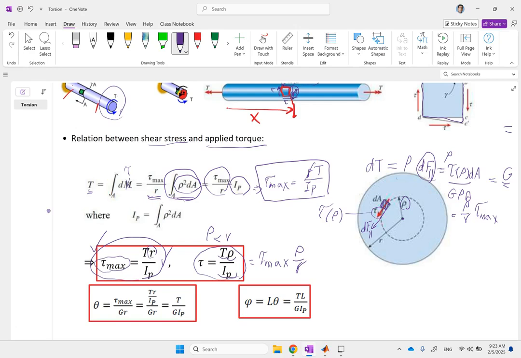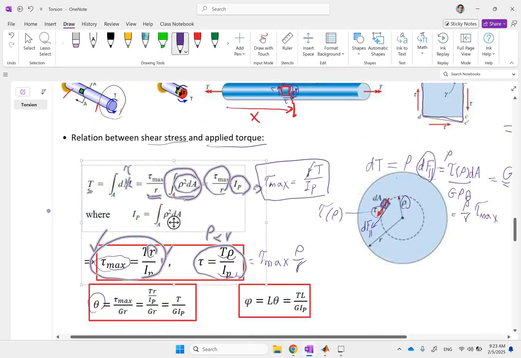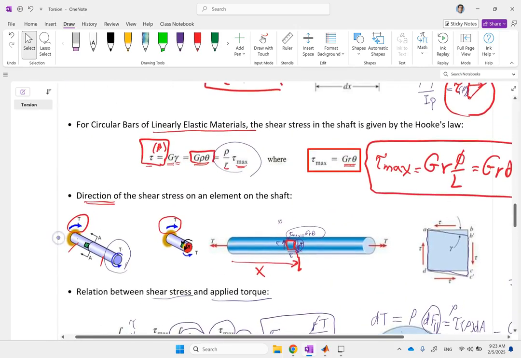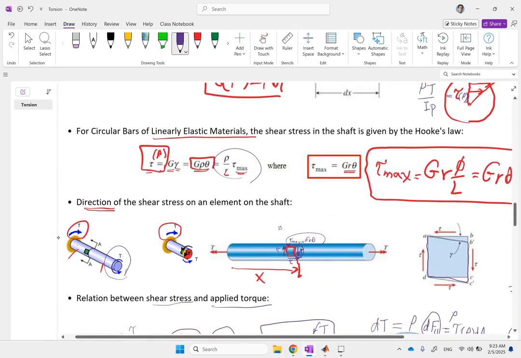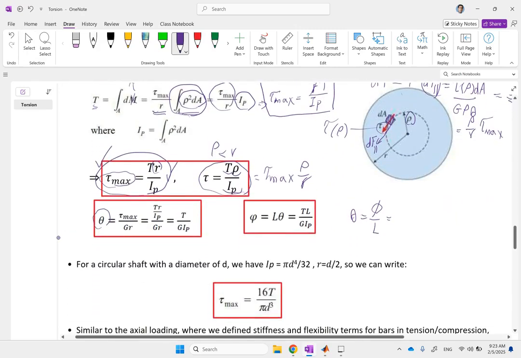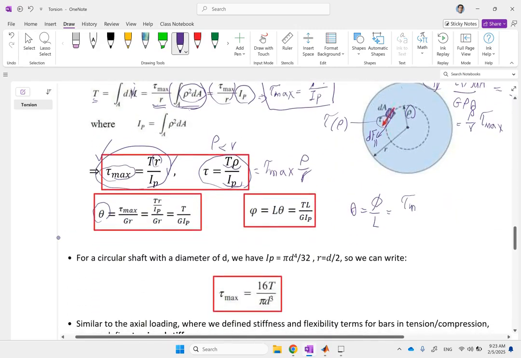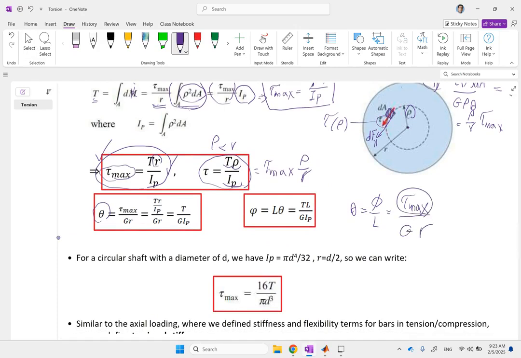Now, if I want the theta, remember theta, based on this definition, theta was either phi over L, or if you look at this definition here, it was tau over G rho, right? Or tau max over G r. So for this tau max, I'm going to replace it with TR over IP, and then that R and that R would cancel.